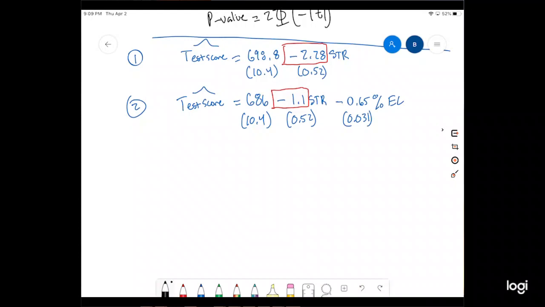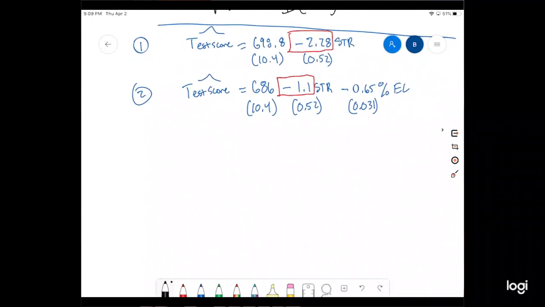So our null hypothesis in both models, models 1 and 2, is H naught that beta 1 is equal to 0 versus beta 1 not equal to 0.